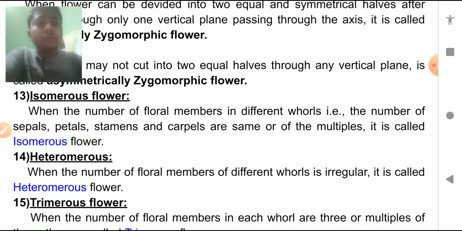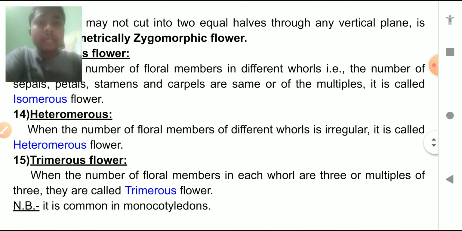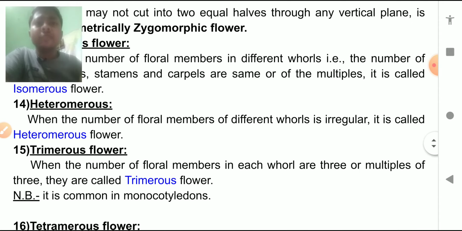At the same time, we discuss heteromerous. From the name, hetero means different, and merous means whorl. When the number of floral members of different whorls is irregular, then it is called heteromerous. It means the floral whorls differ from one another in number.